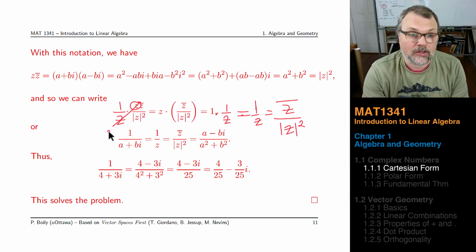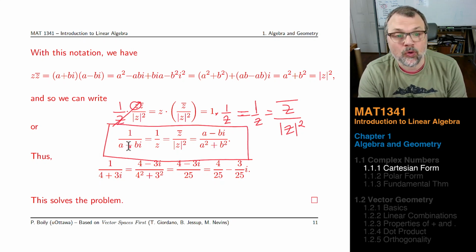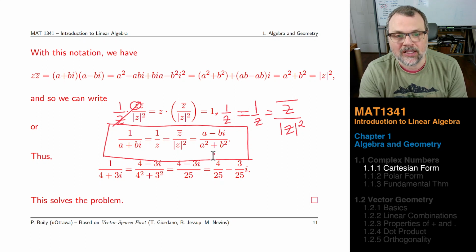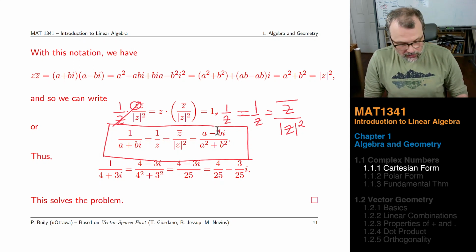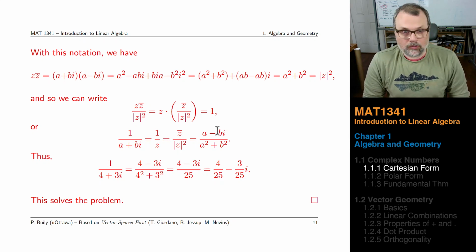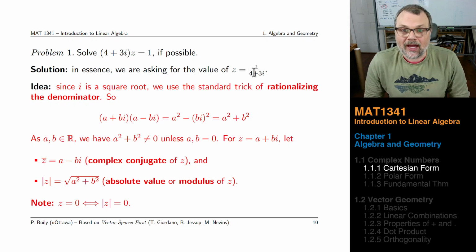What does that look like in terms of the real part and the imaginary part? 1 over a plus bi, 1 over z, that's equal to z bar divided by the square of the absolute value of z. That is a minus bi divided by a squared plus b squared. These are all quantities we found on the previous page. So 1 over 4 plus 3i, which I remind you was the thing we were actually interested in.